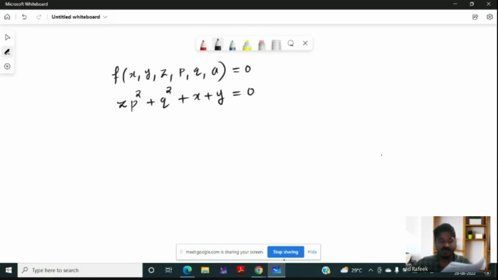By Charpit equation, what do we have first? dx by fp. Differentiate this function f with respect to p, so you will get 2pz. dy by fq: differentiate with respect to q, so you will get 2q.